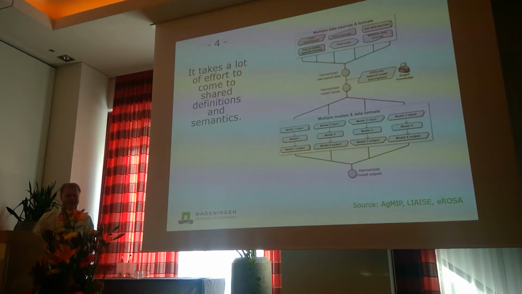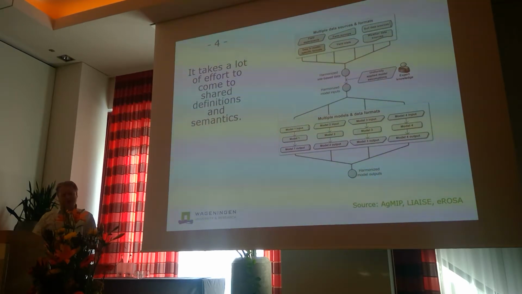ICASA or AgMIP is an intercomparison of crop models, let's say. So worldwide, there are just a limited number of crop models, like 27 or so. And AgMIP tried to come up with a way so that you could run all the crop models for a certain site, and then do an ensemble run and combine the results to produce a more reliable output and prediction of these areas.